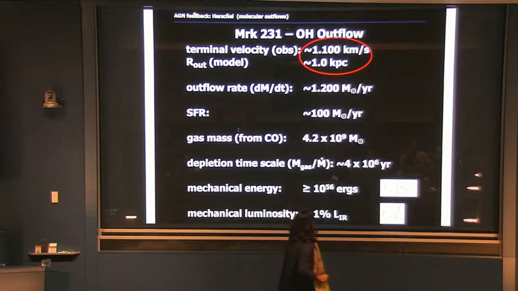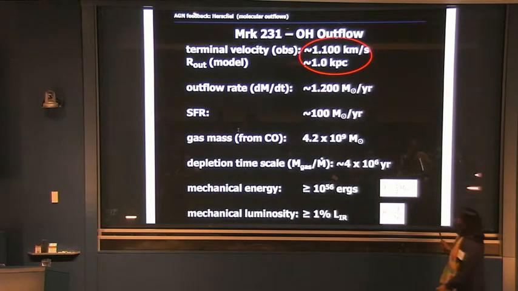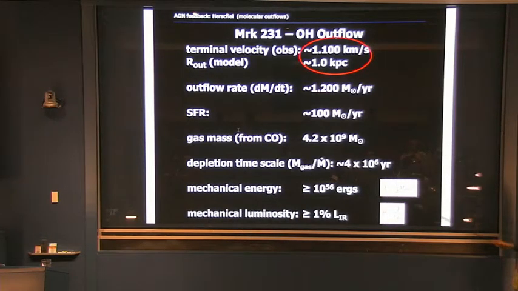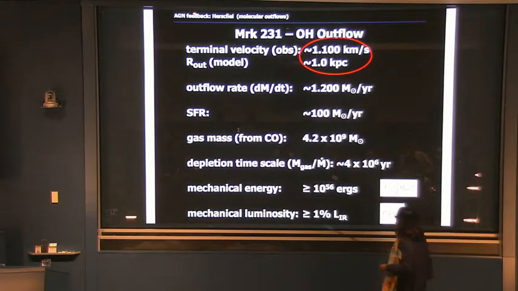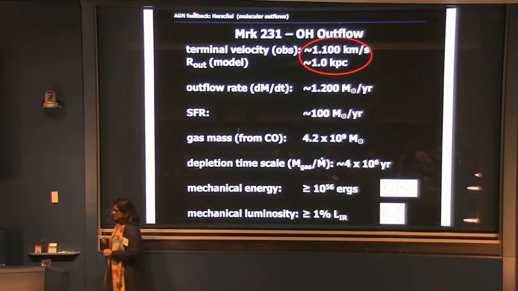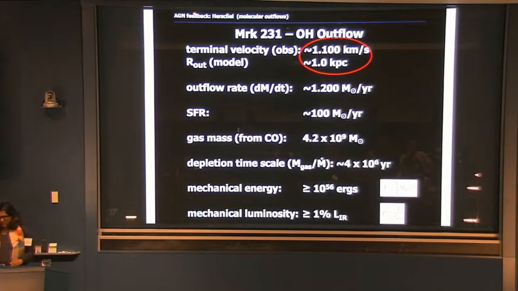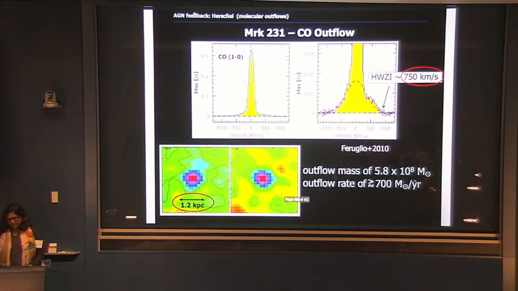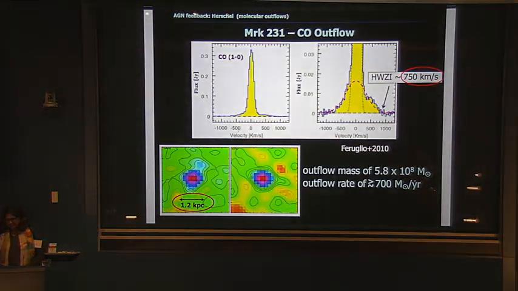So from the observations, you can extract the parameters and see, in the context of this model, how they fit. It turns out that we can infer from the observations a mechanical luminosity and mechanical energy that roughly match what we have predicted in this model.